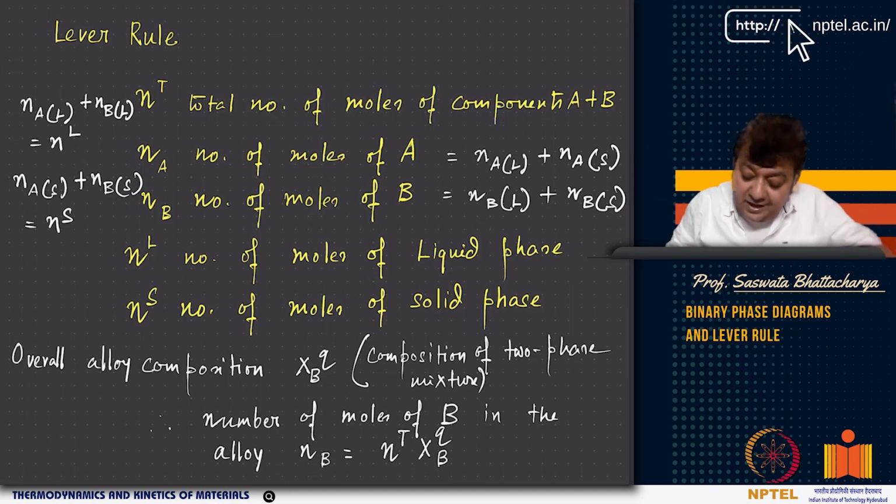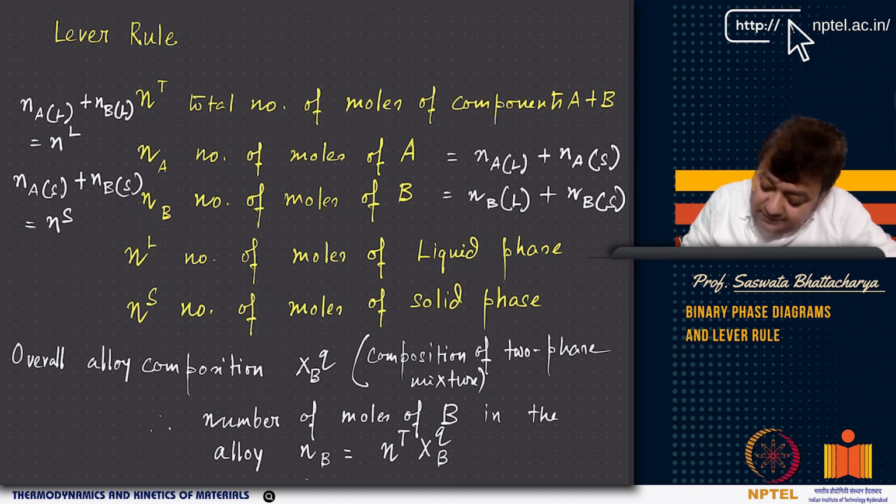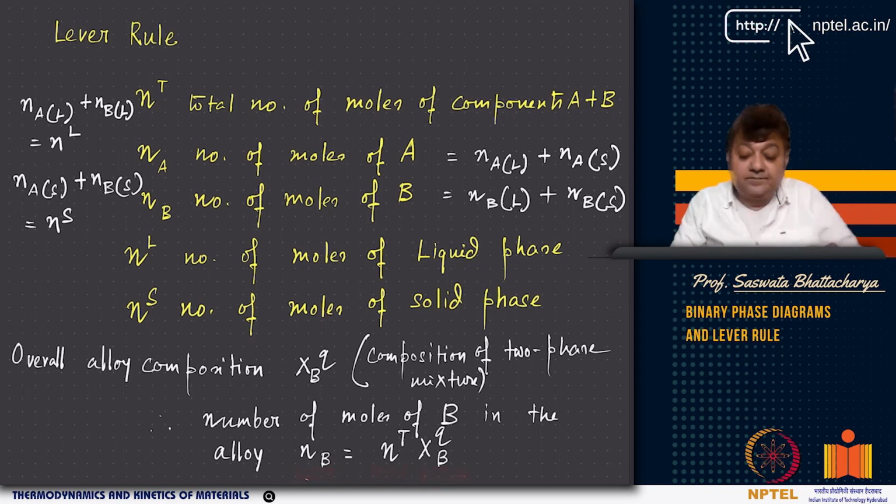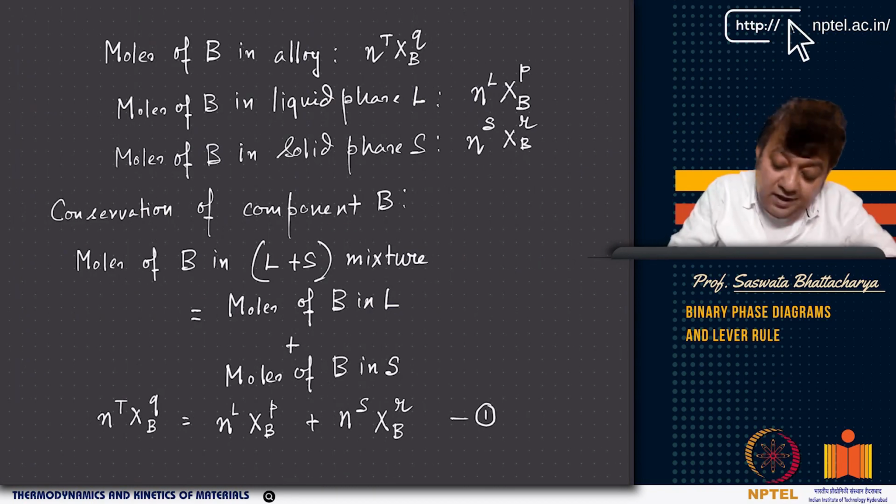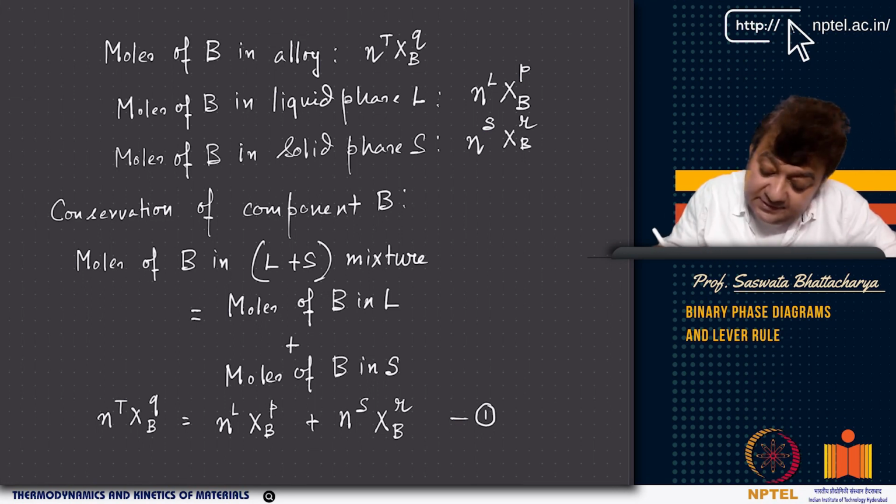So NB is nothing but NT, the total, times XBQ. So you have moles of B in the alloy, which is NT XBQ, and moles of B in the liquid phase, which is NL XBQ.